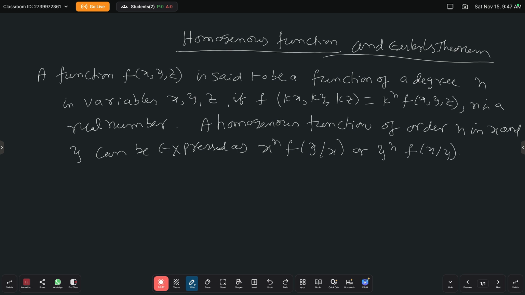This is a homogeneous function. f of x, y, z, of three variables, is said to be a function of degree n in the three variables x, y, z.